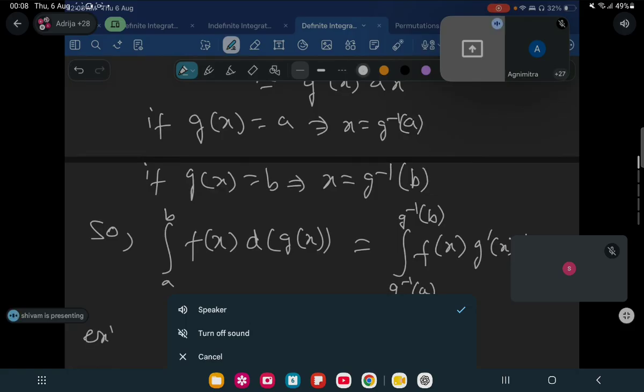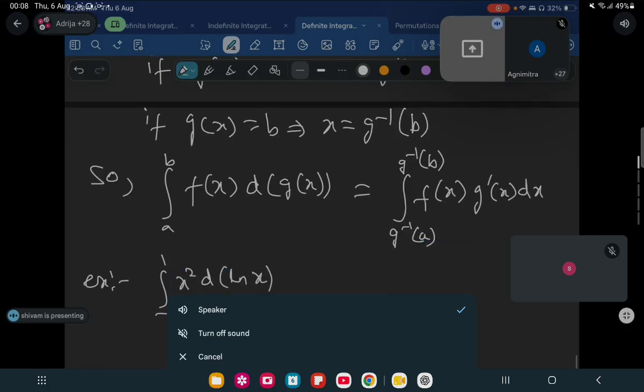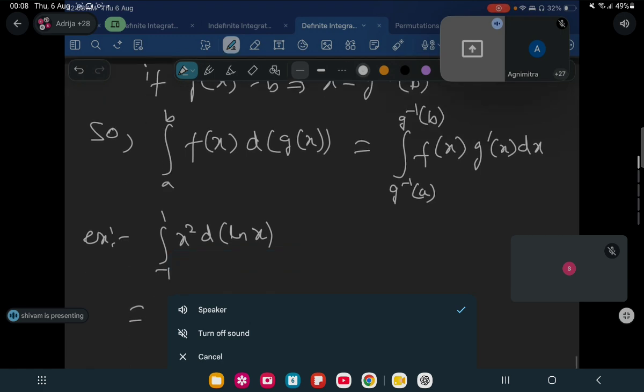For example, suppose you are given integral from -1 to 1 of x square into the differential of ln x. Over here, the differential of ln x is present, so we can directly change the limits. If ln x is equal to 1, what is the value of x?